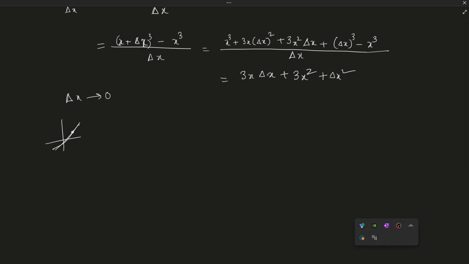So if these terms are 0, only 3x square remains. Therefore, the derivative of x cube is 3x square.